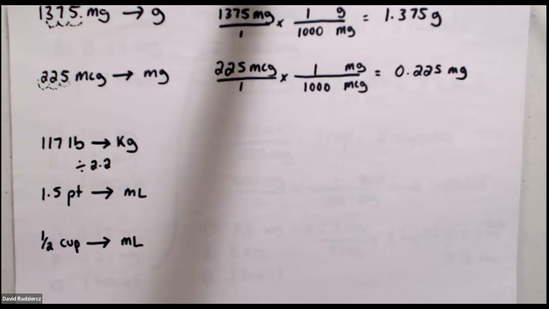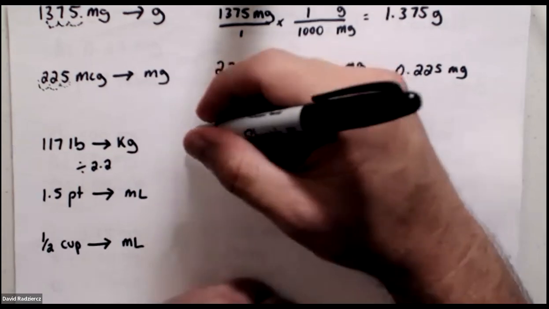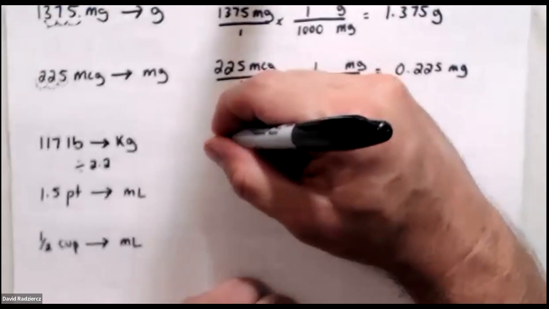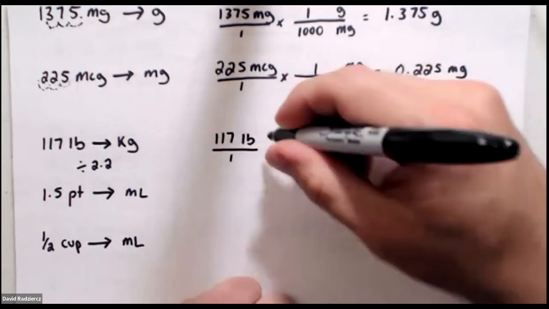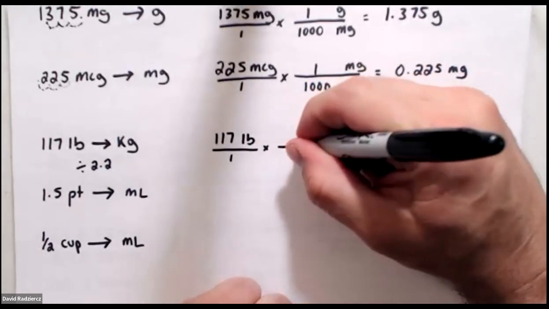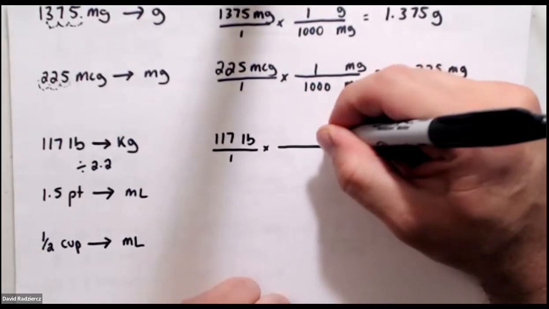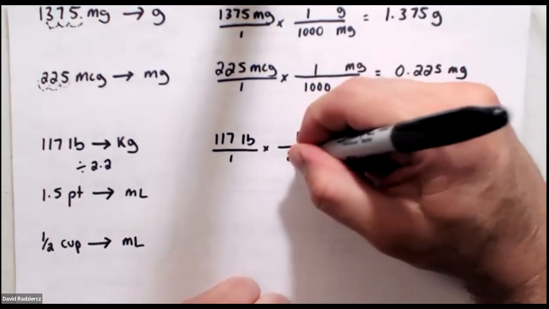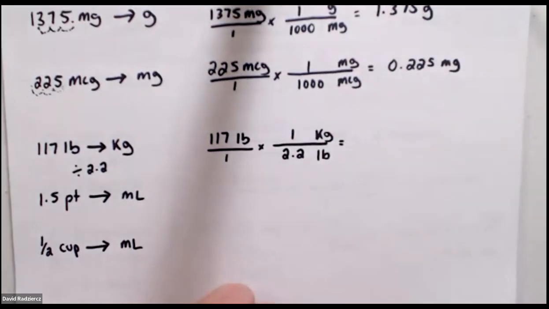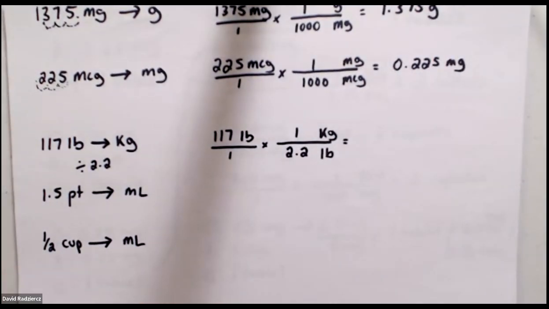You're usually not going to go in the reverse. So if I was doing this with dimensional analysis, you don't have to do it this way. I actually don't even do it this way because I just know to divide by 2.2, but sometimes it's helpful just to see it. So what is 117 divided by 2.2?